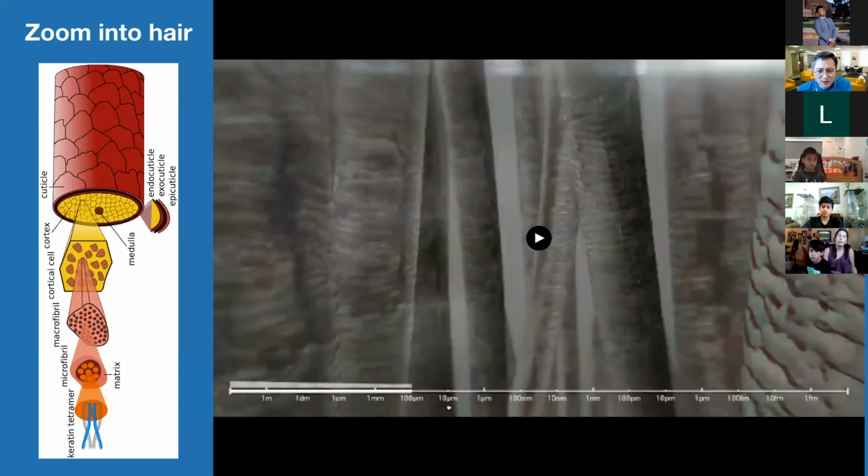So the very first thing we want to do is zoom into our hair and see what happens. This is an interesting picture, and this is our hair. If you zoom in really small, you see, oh, this is a hair. And if you go further, you will see cells inside the hair, and different layers of fibrin.